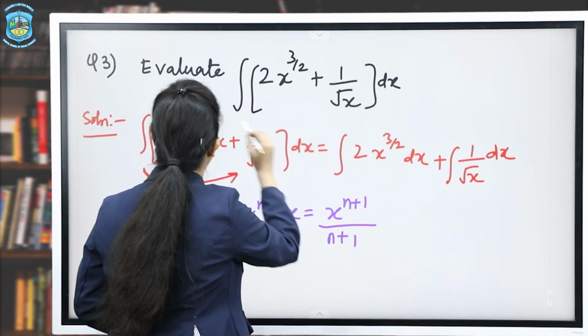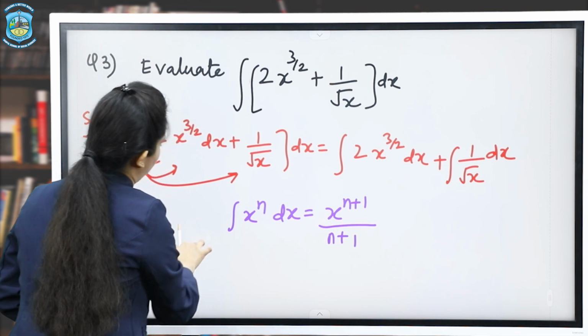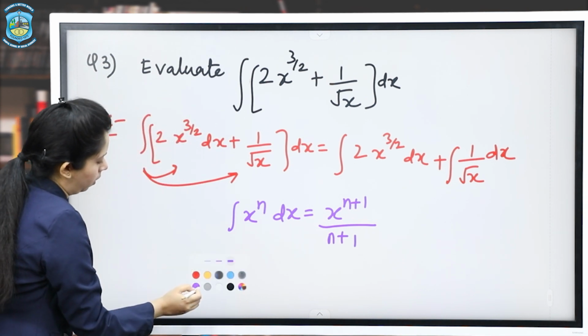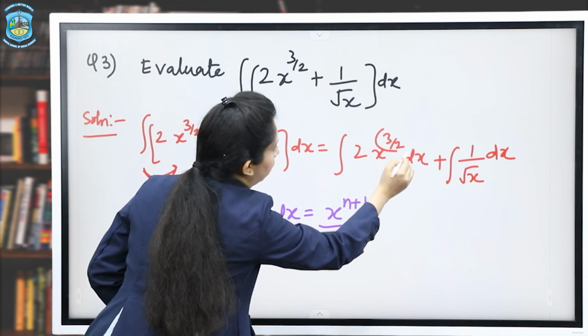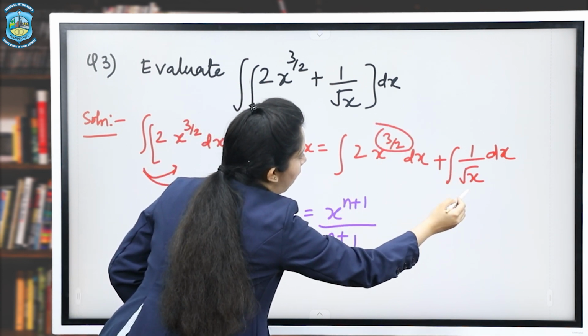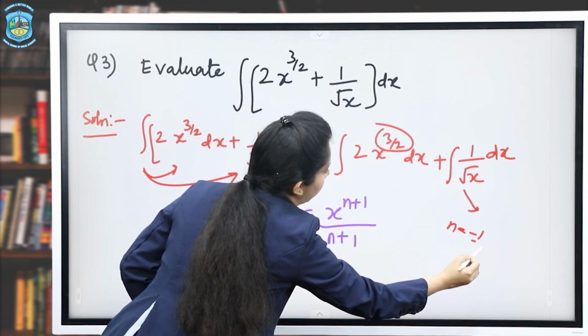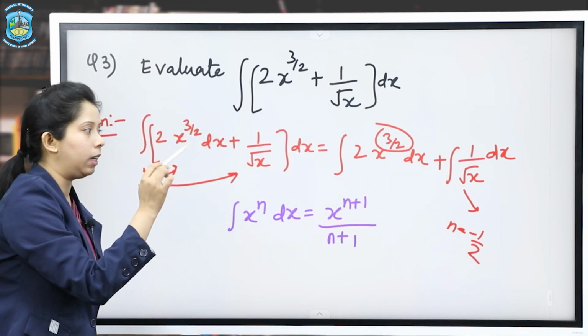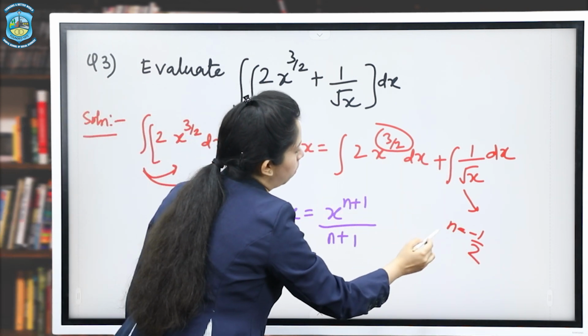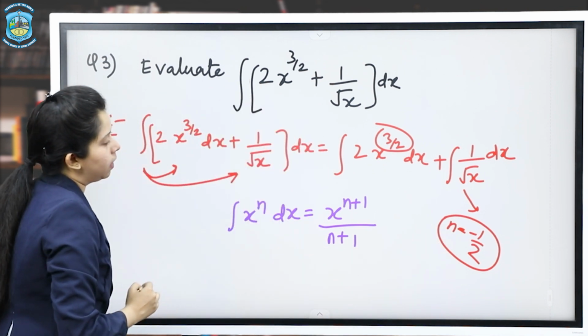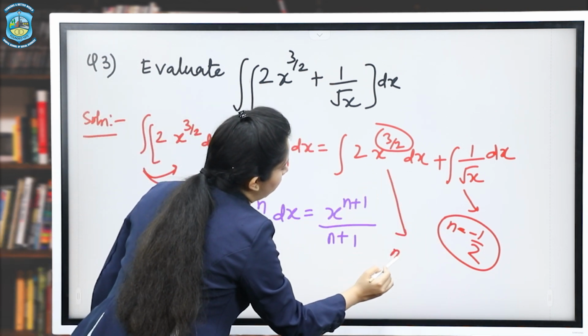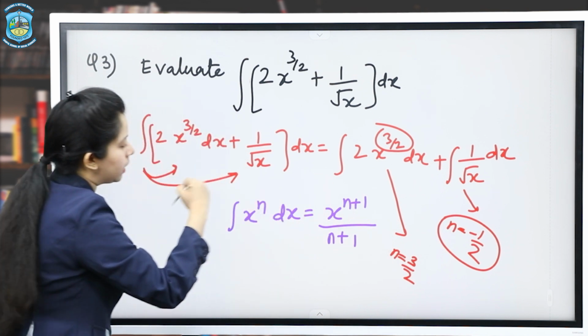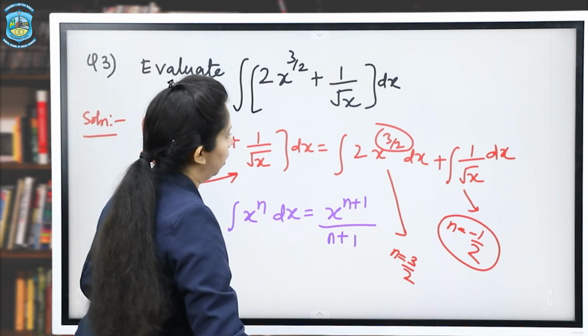So here the power n is 3 by 2, and there the power n is minus 1 by 2. Since the square root is in the denominator, when you shift it to the numerator, the power n will be minus 1 by 2, and here the power n is 3 by 2. So we will use the same formula for integration.